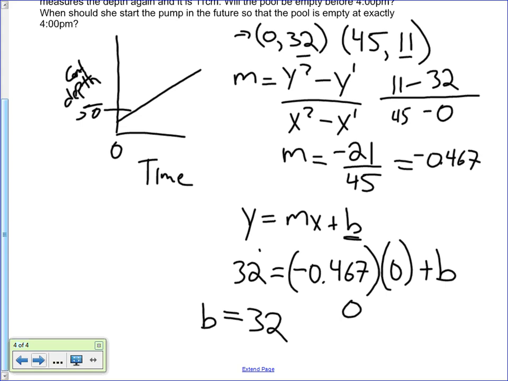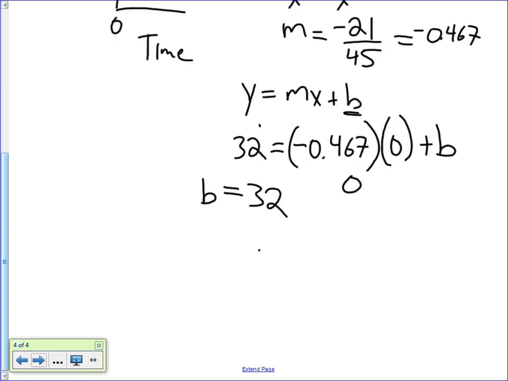When I go to write my equation, which will help to solve any questions that I may have on this pool, my equation looks like this. Now, to answer the question, I want to look at when the pool is empty.